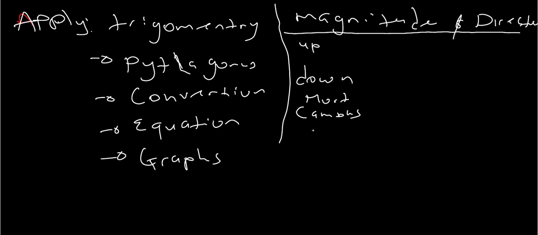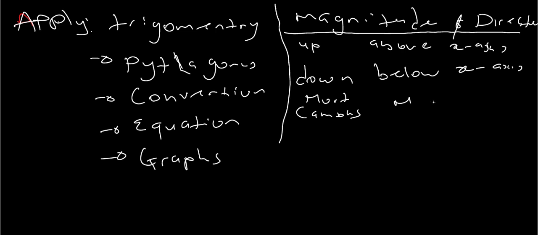And then we can also use some above the x-axis, or below the x-axis. So sometimes we use something like north of east, or maybe south of west, or many things actually. We're supposed to deal with vectors only on this topic.